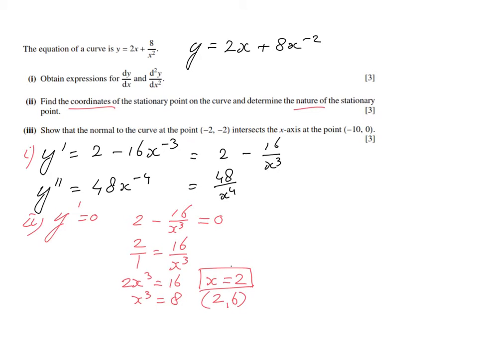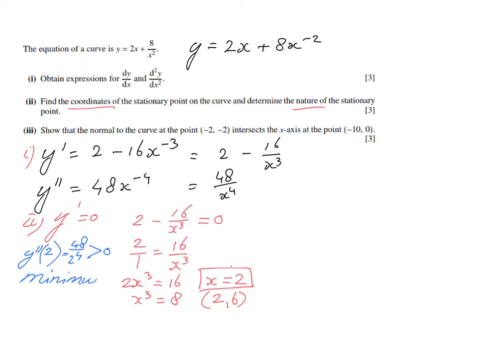Is it a minimum or a maximum? Then you have to look at the double derivative. You plug in that value of x, which is 2, in the second derivative, and you look whether it's positive or negative. So 48 over 2 to the power 4. I'm only interested in the sign, and that is clearly going to be bigger than 0, positive. And therefore, whenever the second derivative for that value is positive, we're talking about a minimum.